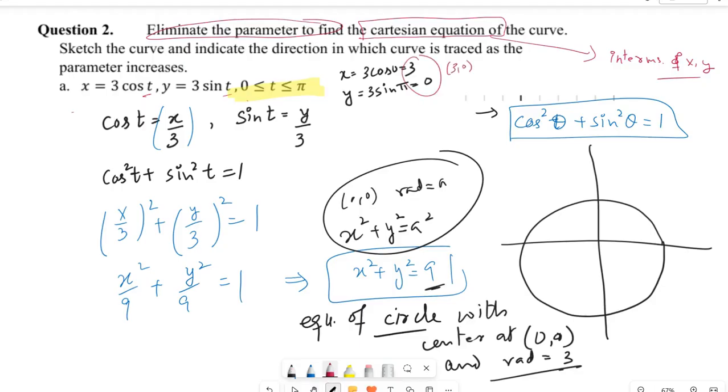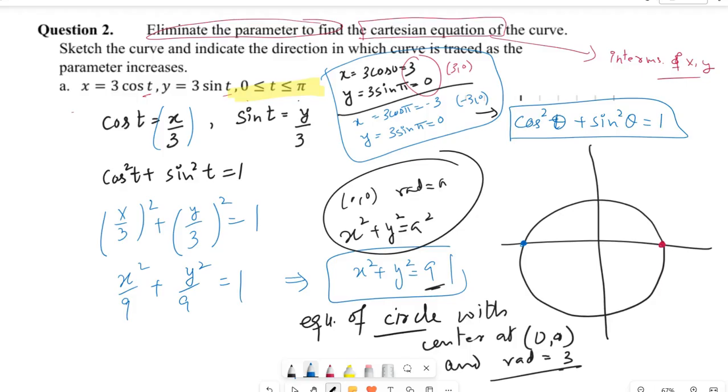Where is 3, 0 on the graph? This is the point. That is where my circle is starting from. And then we are stopping at pi. So let's find the x value at pi. This is me figuring out where my graph is going. x is 3 cosine pi, which is going to be negative 3. y is 3 sine pi, which is going to be 0. So that point is going to be negative 3, 0.